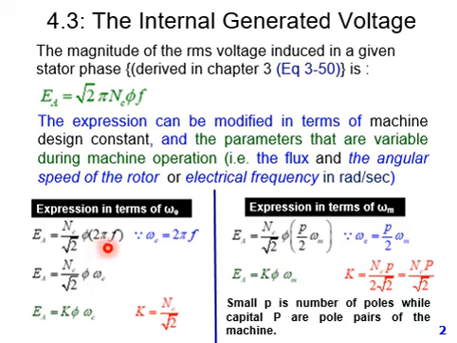So we will put this as omega E, where E stands for electrical. So this is a basic equation for RMS voltage, and then we write this N C over under root 2. We equate this to a constant K.